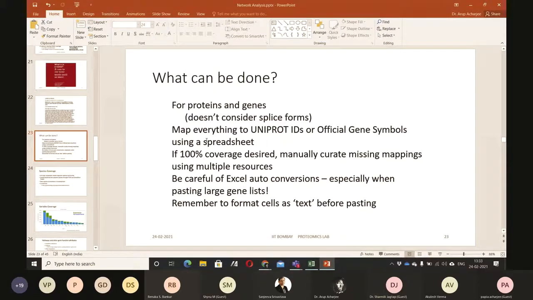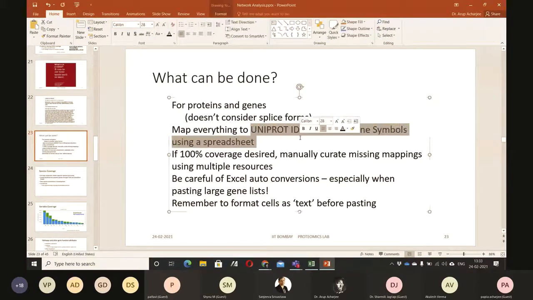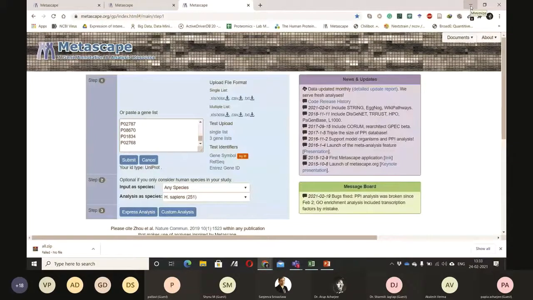There would be a few UniProt IDs which would not map with your current database settings, because not all databases are updated with the latest versions. The UniProt IDs we get from the MaxQuant or Proteome Discoverer analysis might be from a version that does not match the version your pathway and enrichment tool is working with.